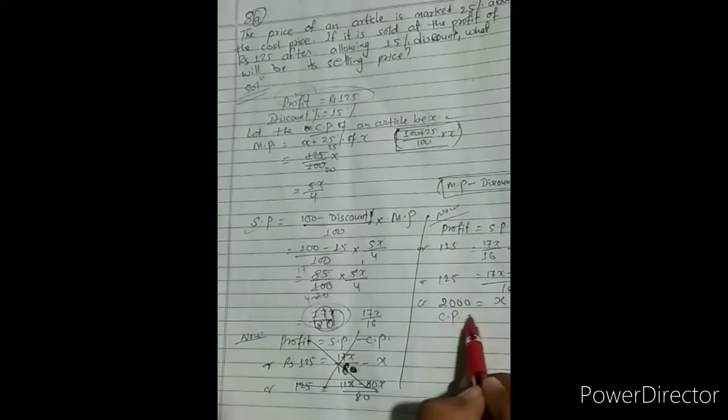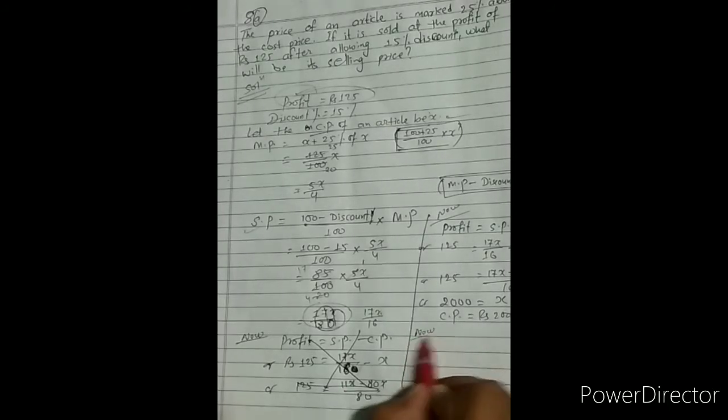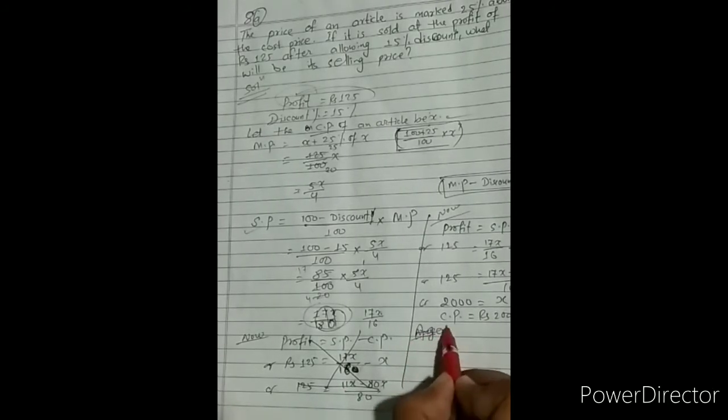So the cost price is 2000, but you have to find the selling price, not the cost price. We can use that value here and get the value of SP, or SP is equal to CP plus profit also can be done. Again, SP is equal to 17 into 2000 divided by 16, because you have 17x by 16. That gives 2125.